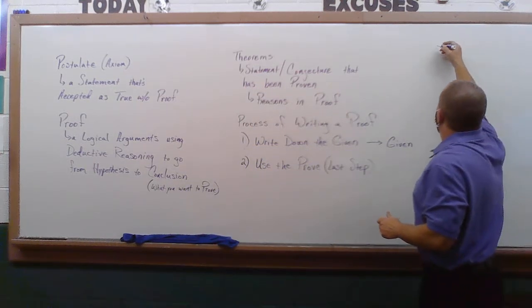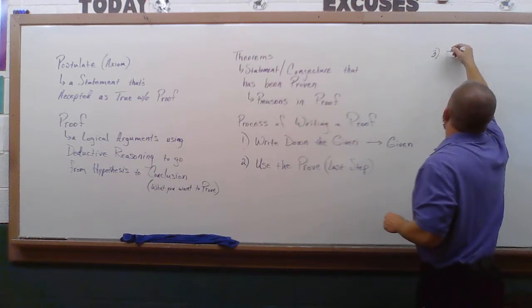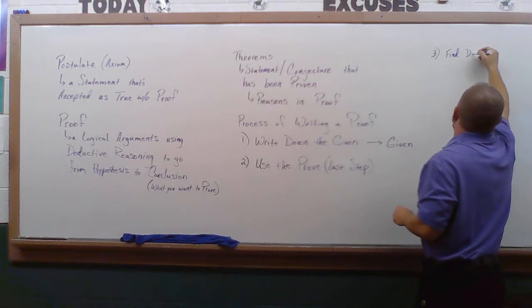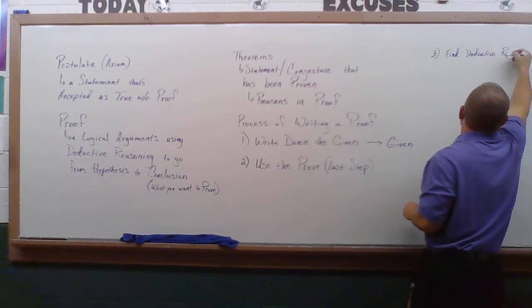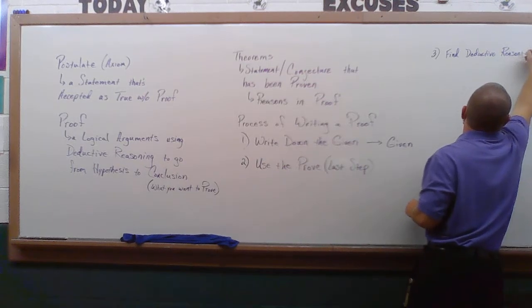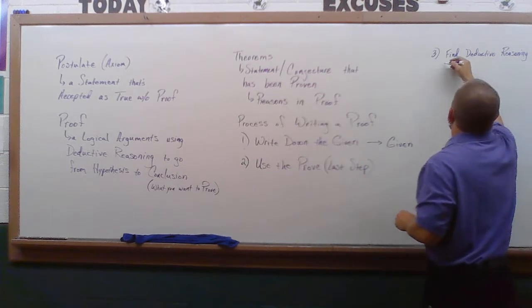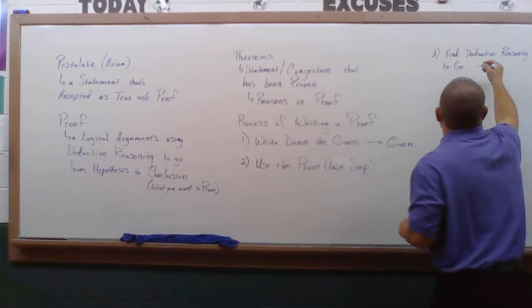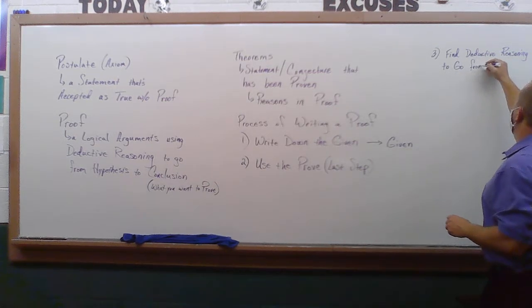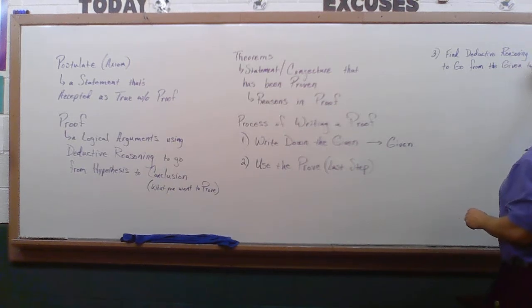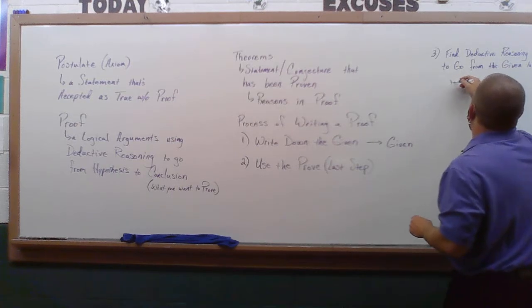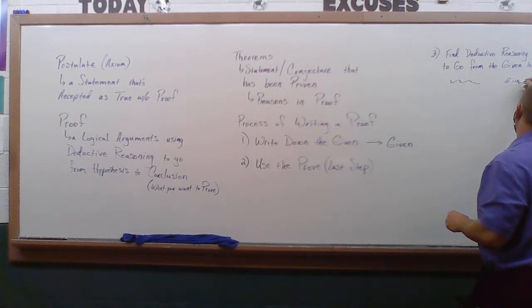Step 3. You're going to find deductive reasoning. So again, that's what we did yesterday, right? To go from the given to the prove. So we would have blah, blah, blah, given.